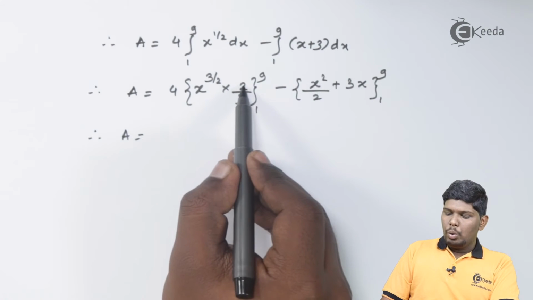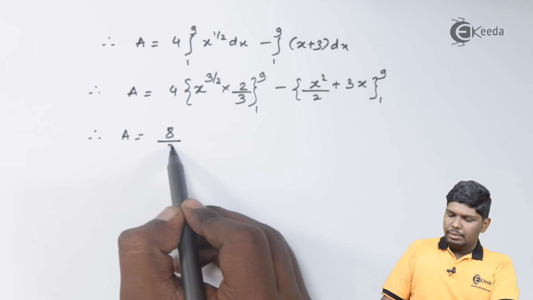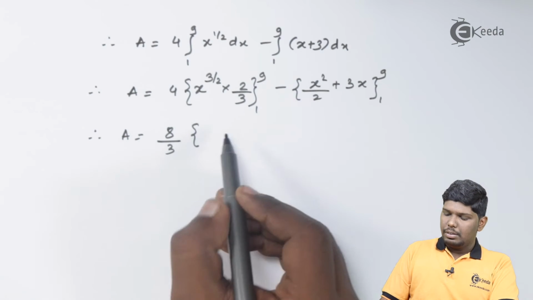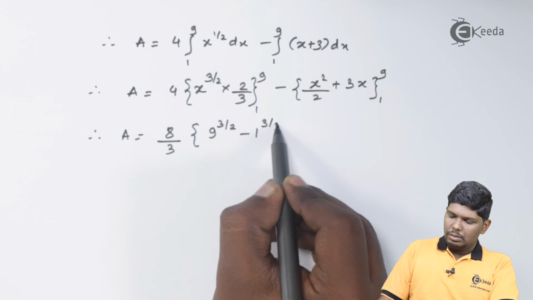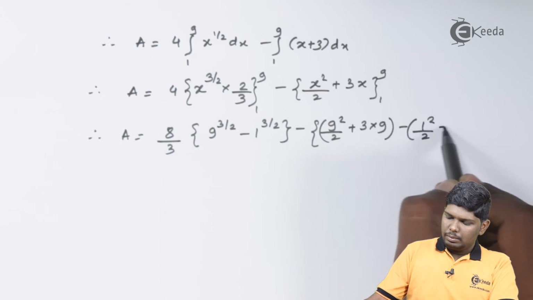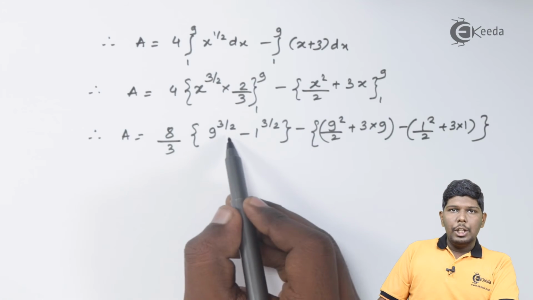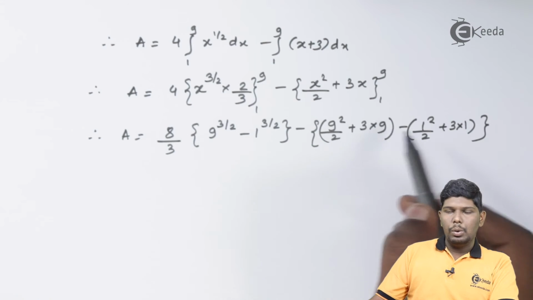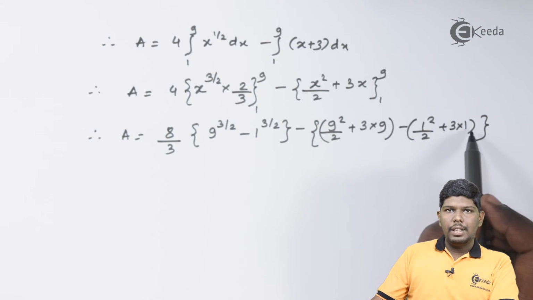This will give you 4 into 2, that is 8 upon 3, and after substituting upper limits and lower limits we have 9 raised to 3 by 2 minus 1 raised to 3 by 2, minus [9 square by 2 plus 3 into 9 minus 1 square by 2 plus 3 into 1].